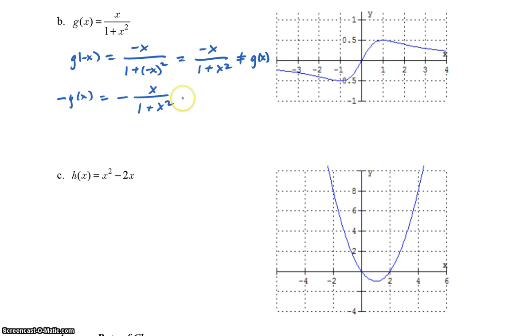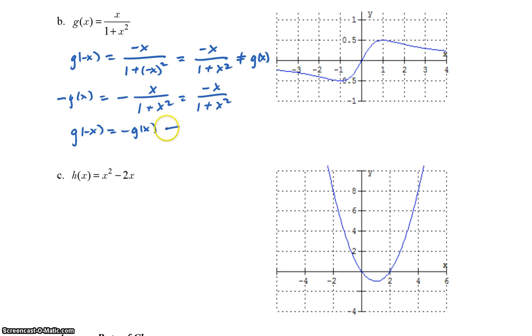Now putting a minus sign out in front is identical to putting it in the numerator. With fractions, you can put the negative in front of the fraction bar, or you can put it in the numerator, or you can even put it in the denominator. So notice that what we have demonstrated is that g of minus x equals minus g of x.